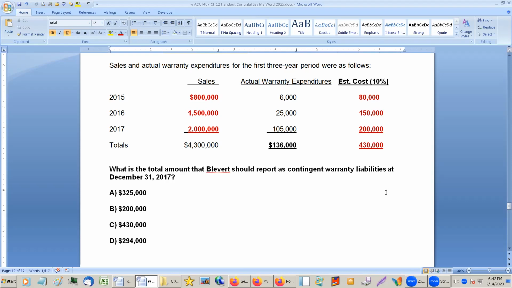Is it D? Yep, it is. The estimated cost was, the actual paid. Expenditures is what was paid, expended.